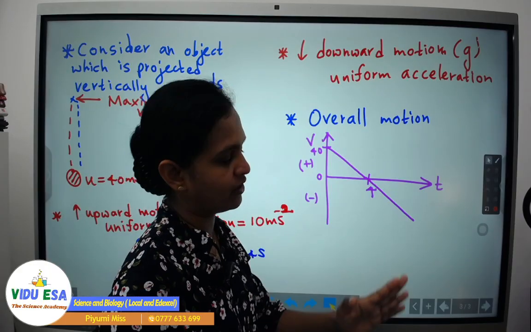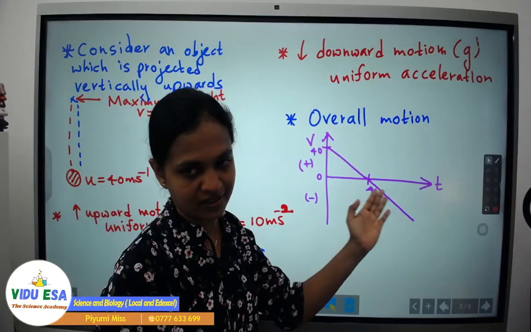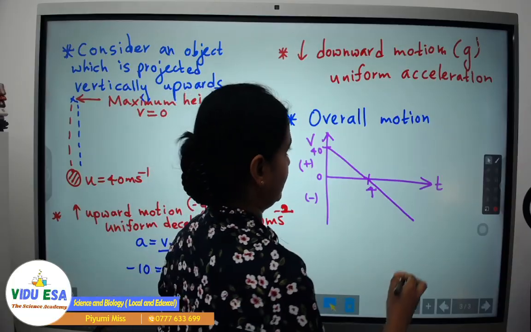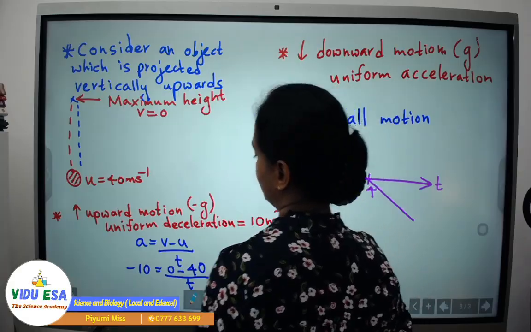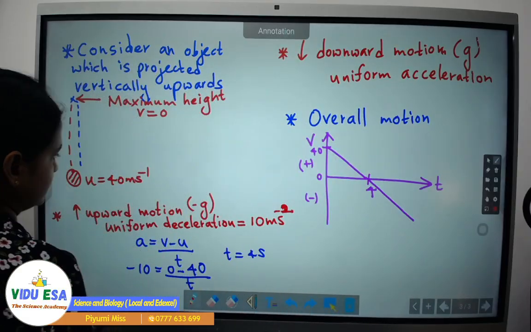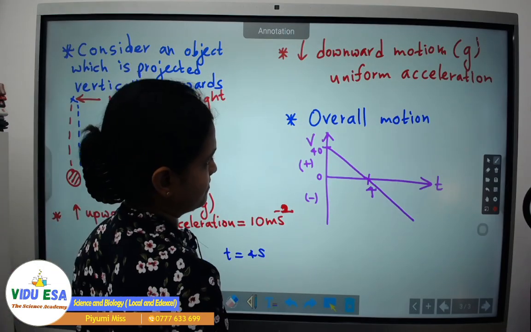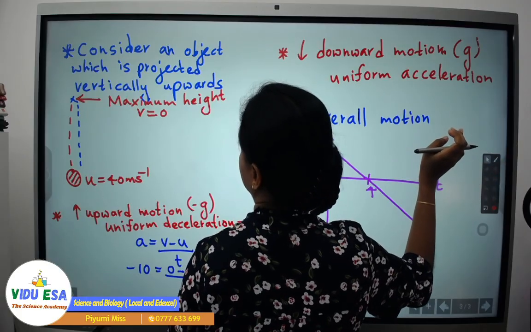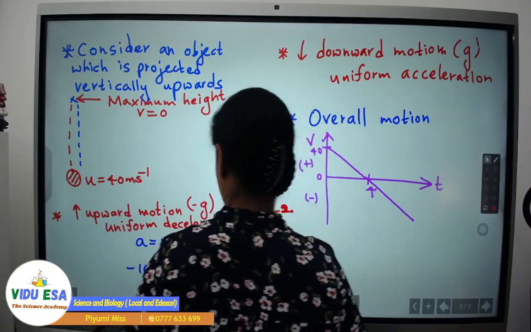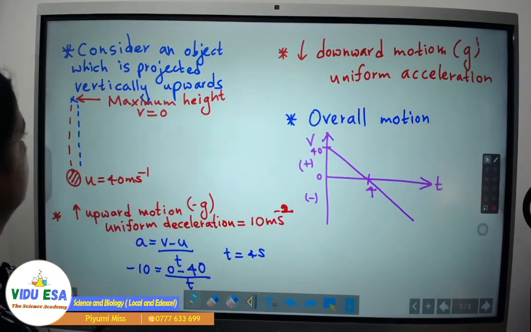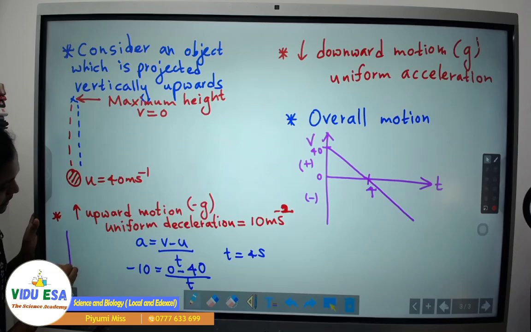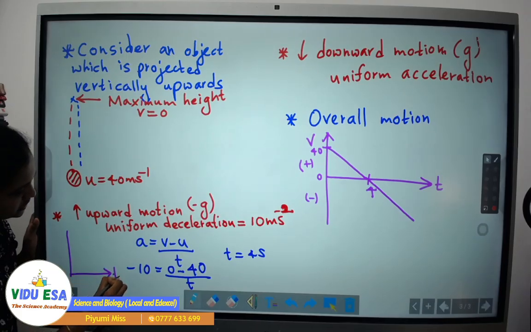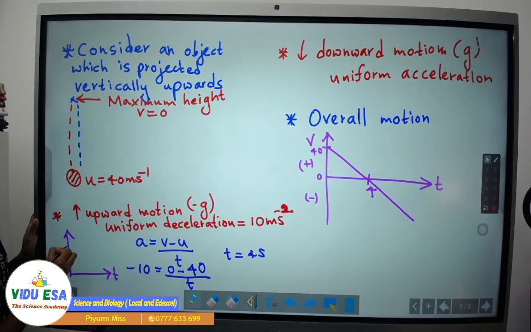If you draw a graph for the overall motion, but graphs going to this side do not come for you in O level. Therefore, if we draw the graphs for the two motions separately, for the upward motion, it is a uniform deceleration. So you can draw something like this.